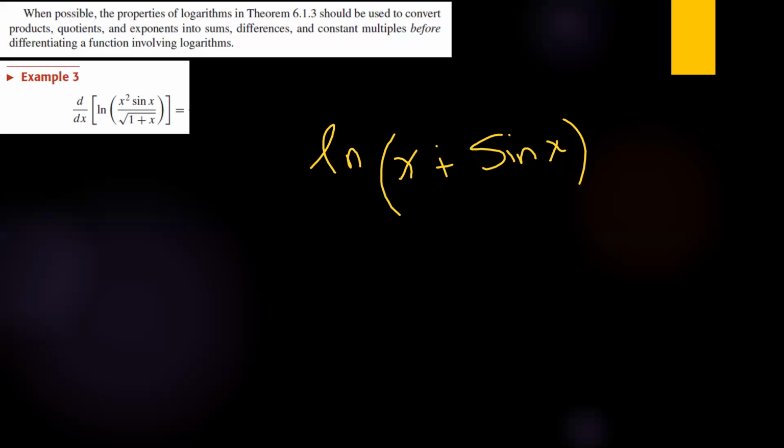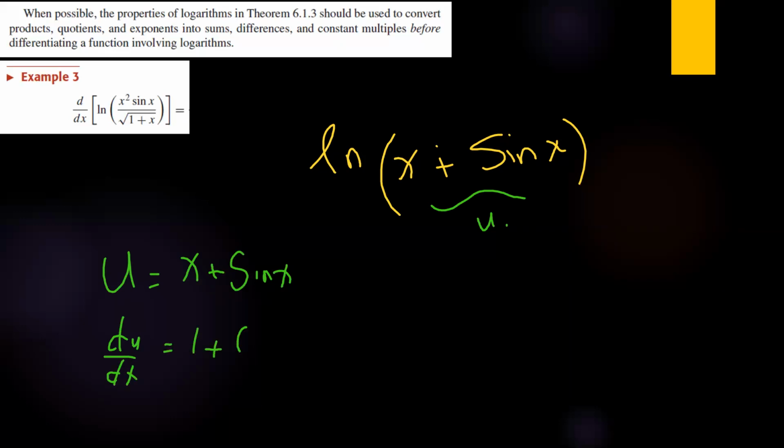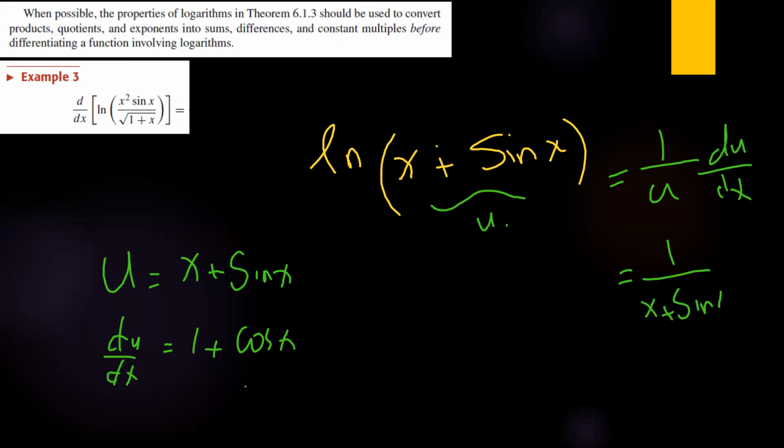Just say that this is u and then find du over dx, which is 1 plus cosine x. Then continue. We said it is 1 over u du over dx. So it is 1 over x plus sine x times 1 plus cosine x. Then say it is 1 plus cosine x over x plus sine x.